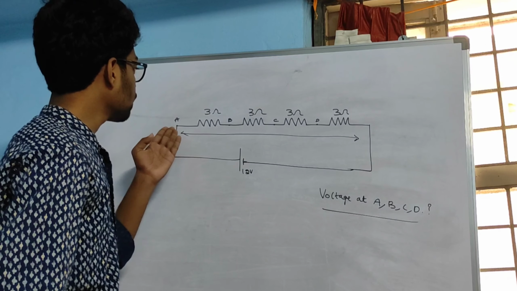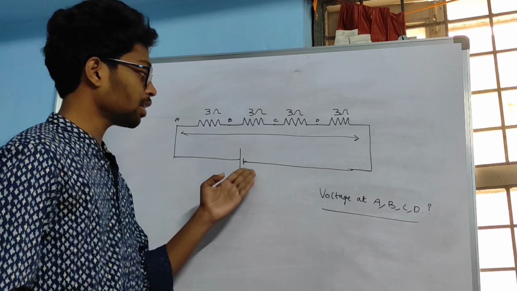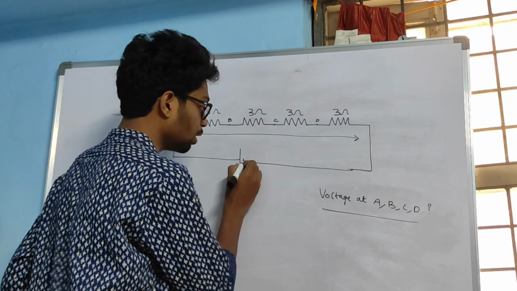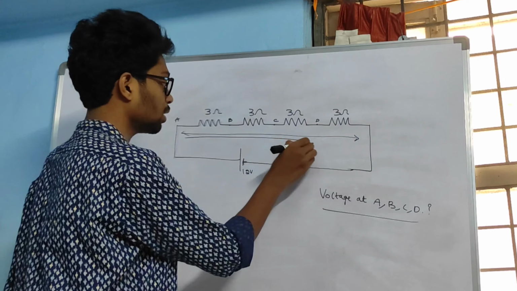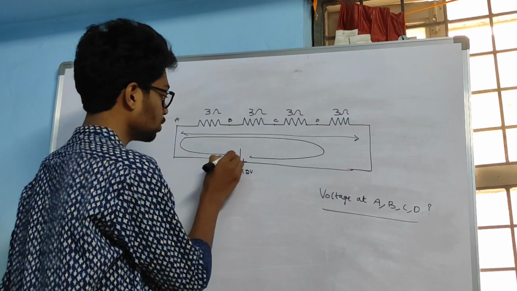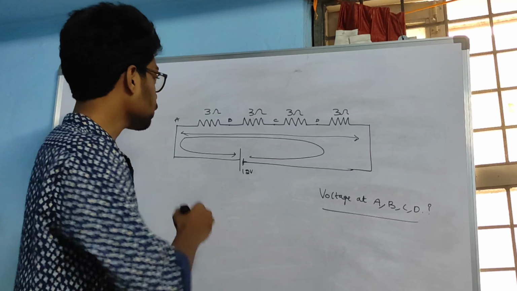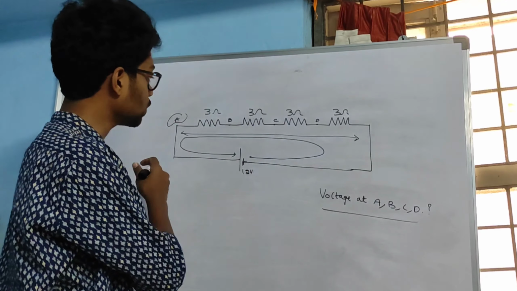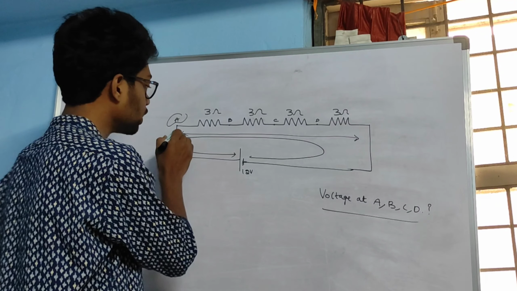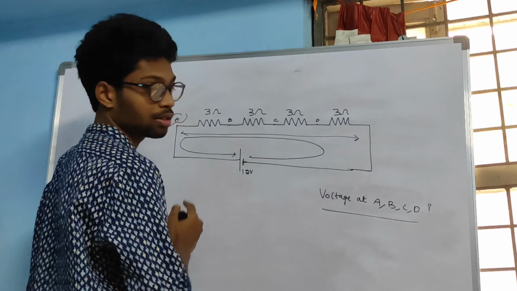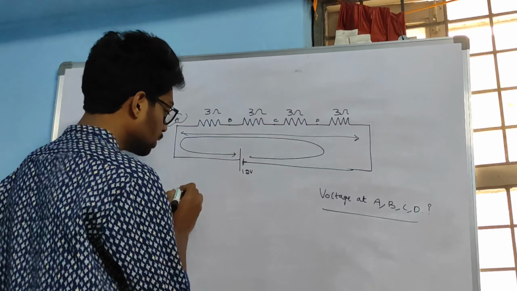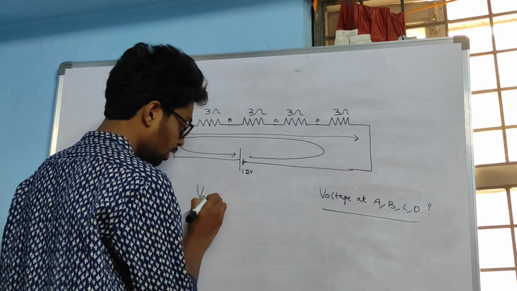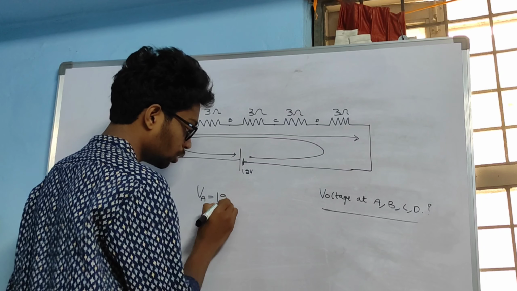So with respect to point A and negative terminal, how much the voltage is there, we have to find that, so that you will get the voltage at this point. So by seeing this, you can see there is no voltage drop at these wires. So the voltage at point A, that is VA, will be of 12 volts.